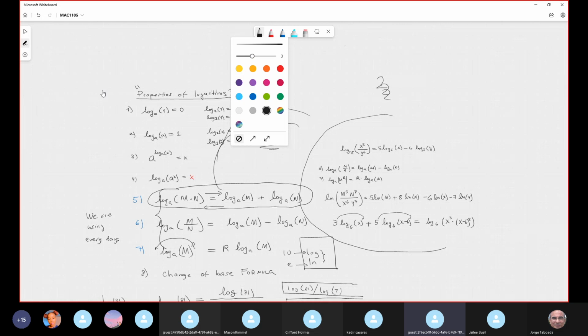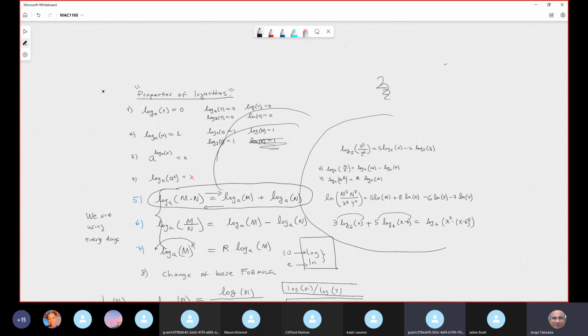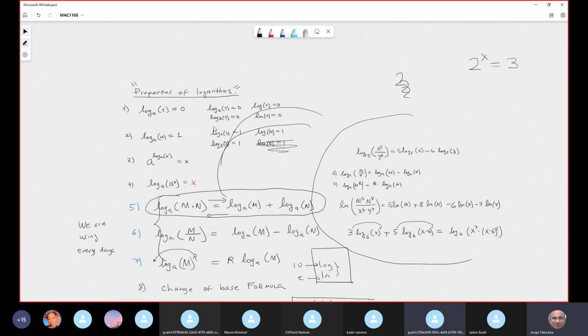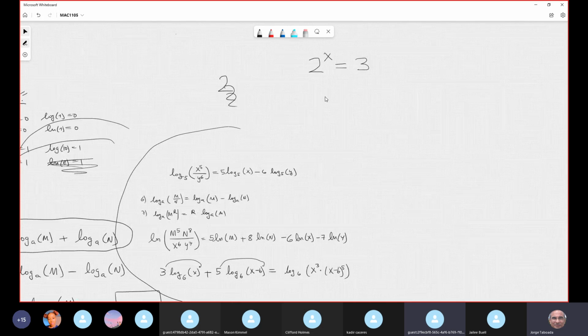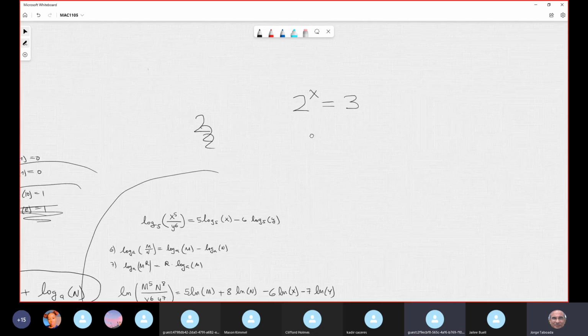Okay, suppose this example: 2 to the x equals 3. This was impossible to solve because you cannot find the common base. But using the tool of the logarithm, we apply logarithm on both sides.